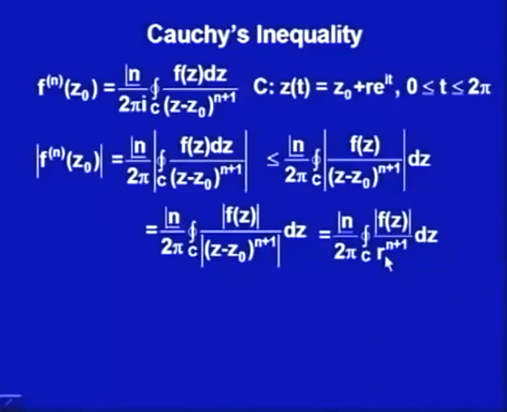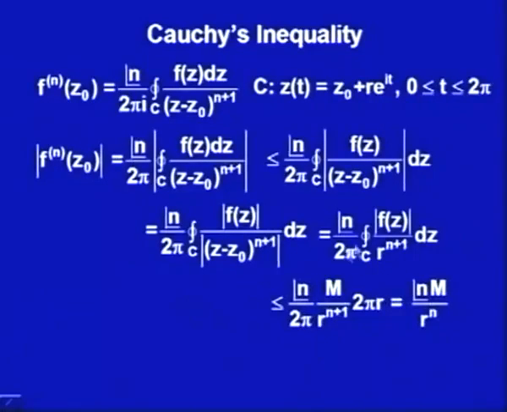Now, this r I have chosen as some number. So, now we are talking about analytic functions. f is analytic, that says I could find some number M such that the absolute value of f(z) is less than M on this whole contour C. So, this is bounded on this contour C, and by using this ML inequality I could write it out.